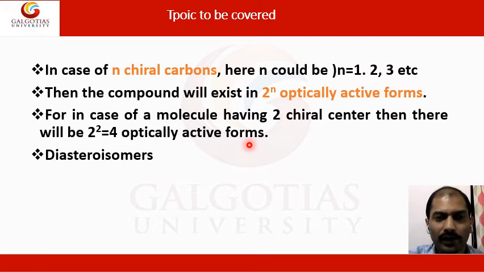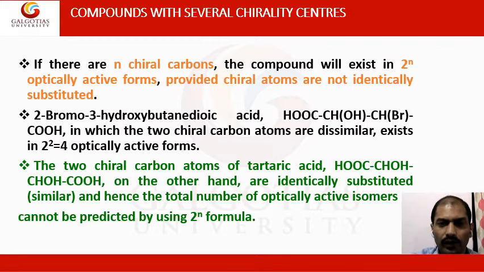For example, if there are 2 chiral centers, there will be 4 optically active forms. Overall we will discuss molecules having 1, 2 or more than 2 chiral carbons.